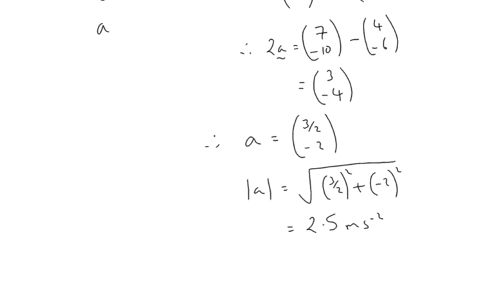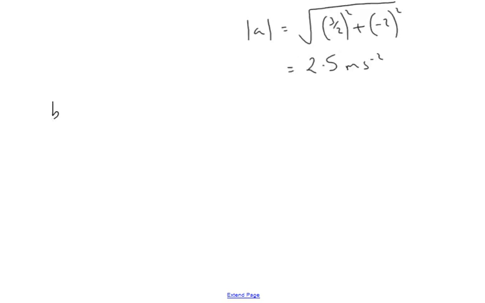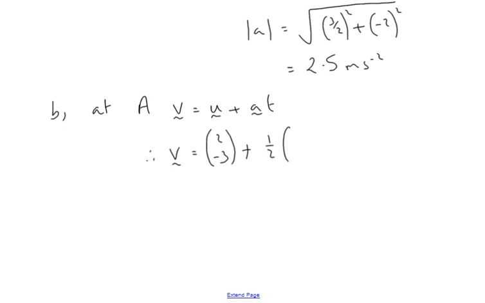Now we have further development, for part B, at A, we know that v is equal to u plus at, and therefore v is (2, -3) plus a half of (3, -4), which is a, isn't it, of course, times 2, times t.